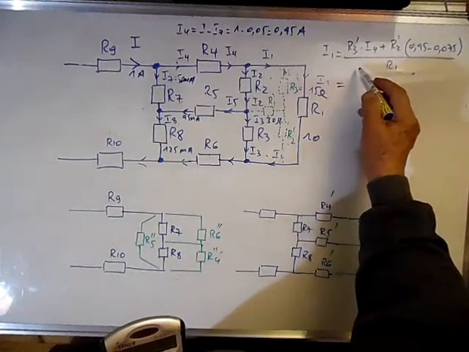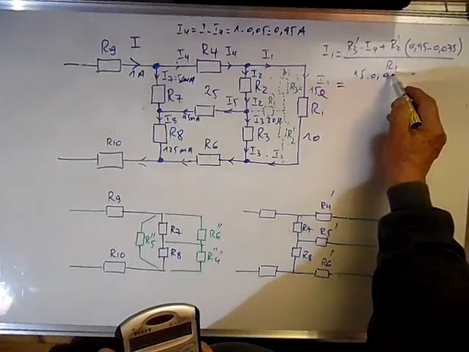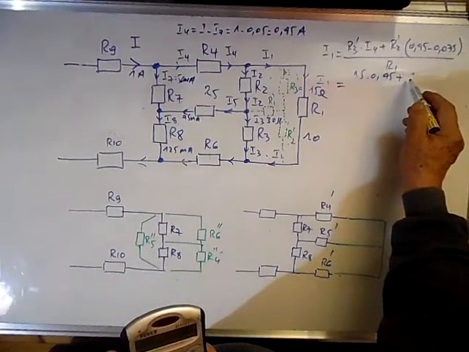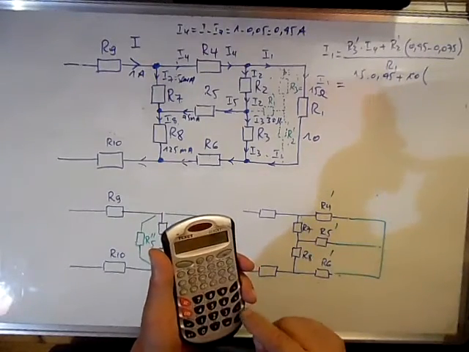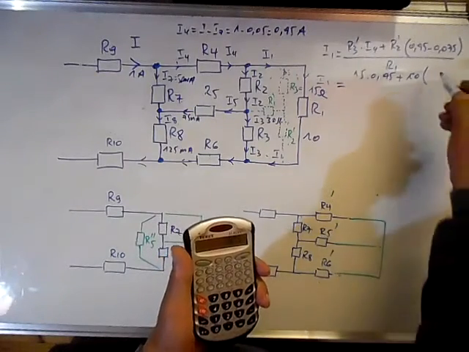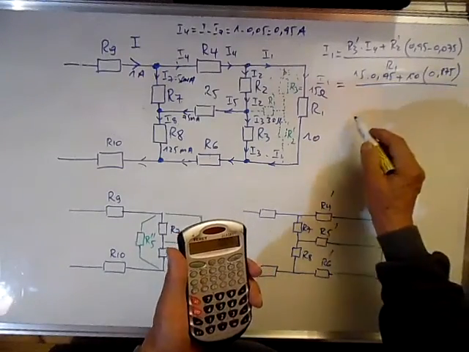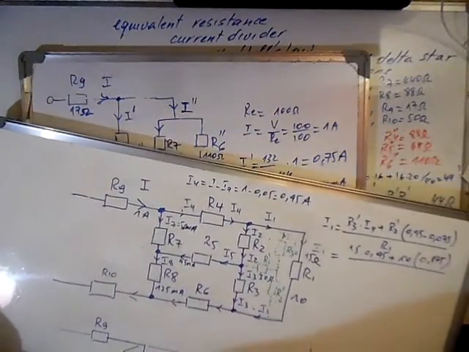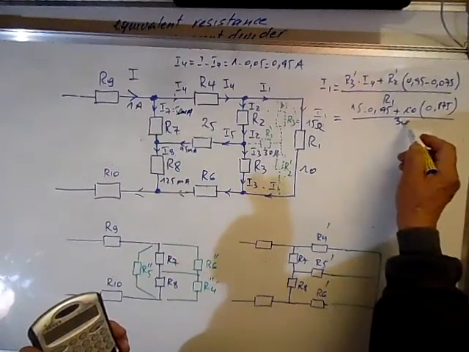So it means this is 15 times 0.95 plus R2 prime 10 times minus 0.075, which is 0.875, divided by R1, which is equal to 30 ohms.